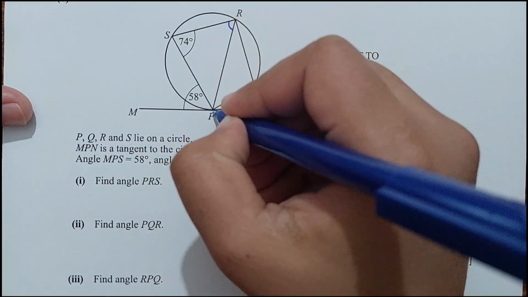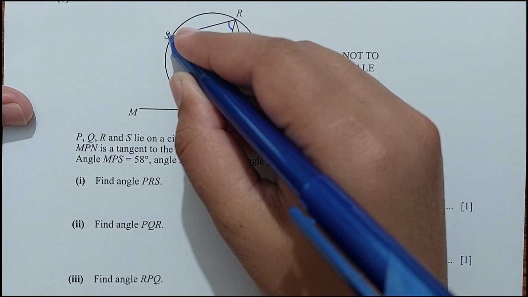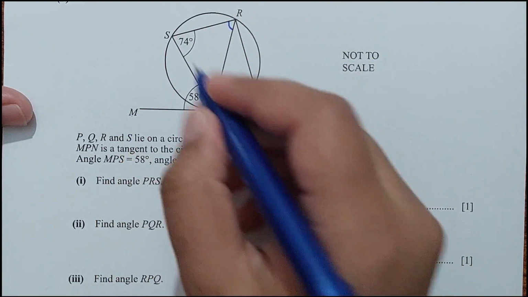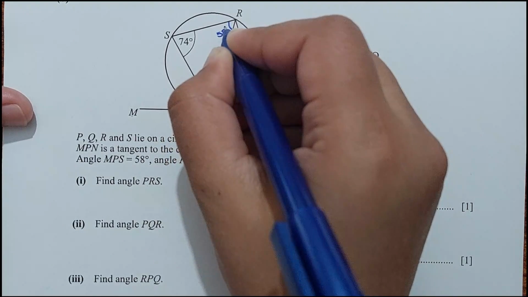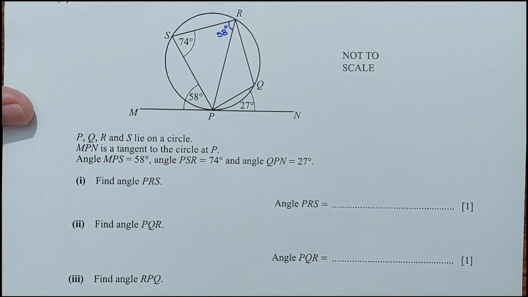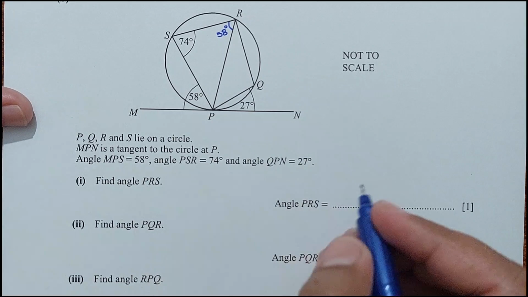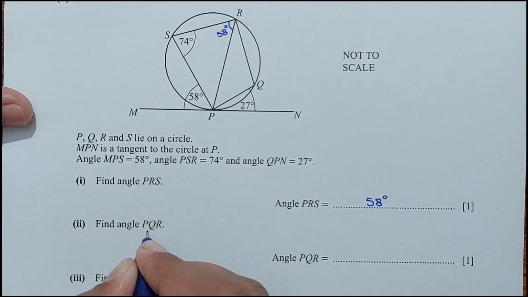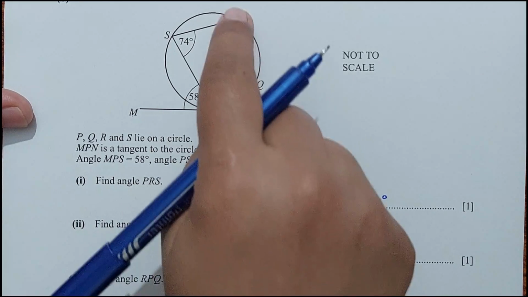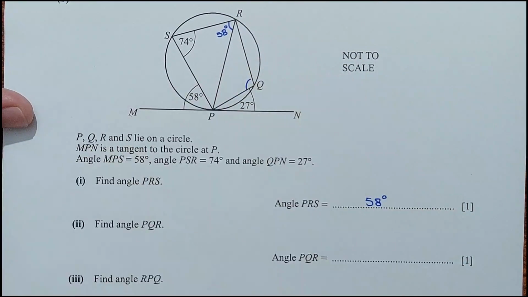Okay, so the angle PRS is exactly the same as MPS. This is also 58 because angles in the alternate segment are equal. So this is 58 degrees. Right, now for the second part, find angle PQR. P, Q, and R, this angle we have to find, right?